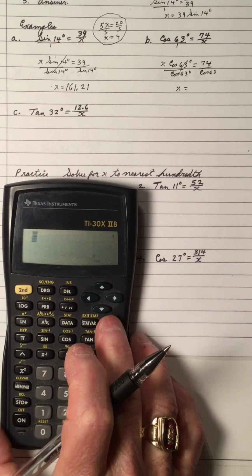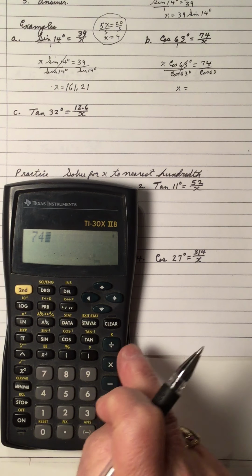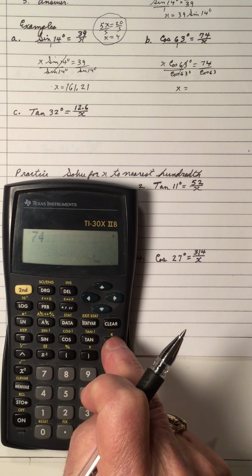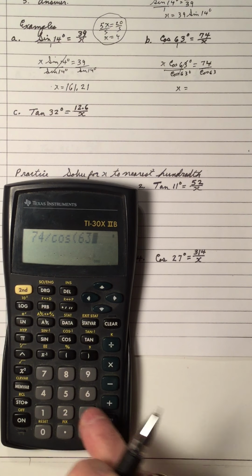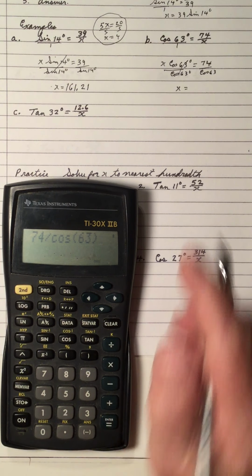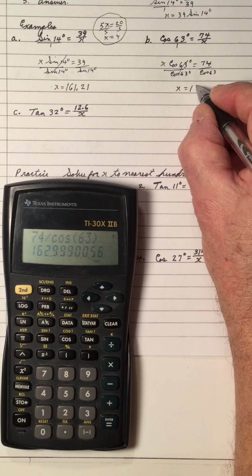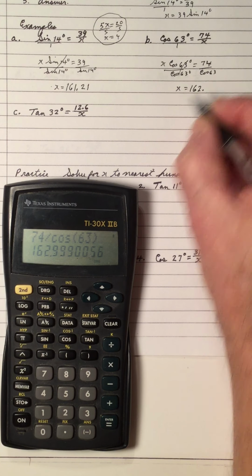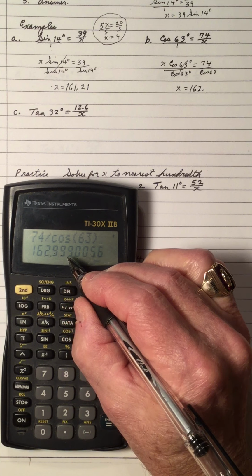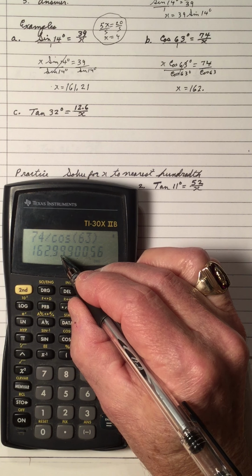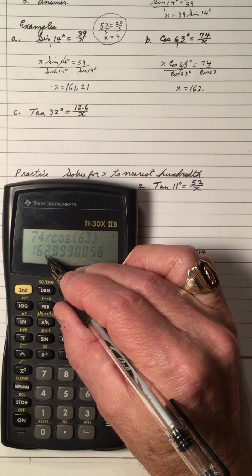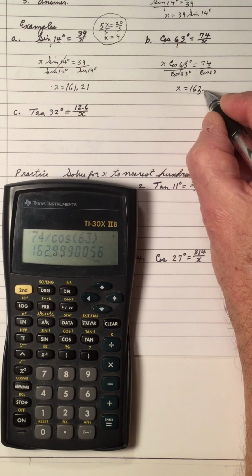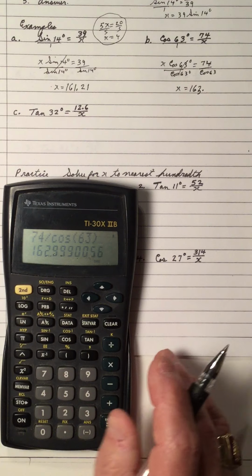Clear it, 74 divided by cos 63, and we get 162 point 999, so adding 1 gives a 0, carry the 1, and this becomes 163 when you round it up.